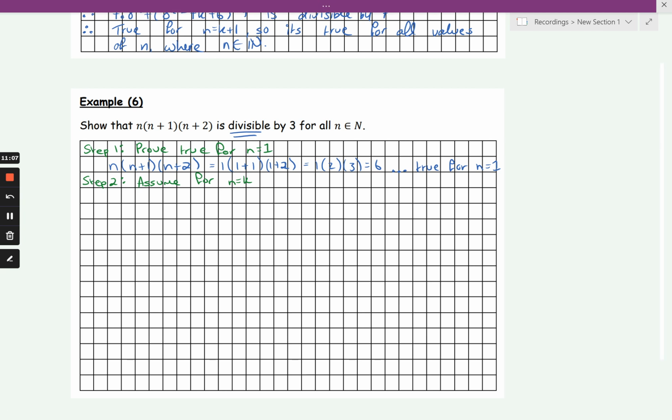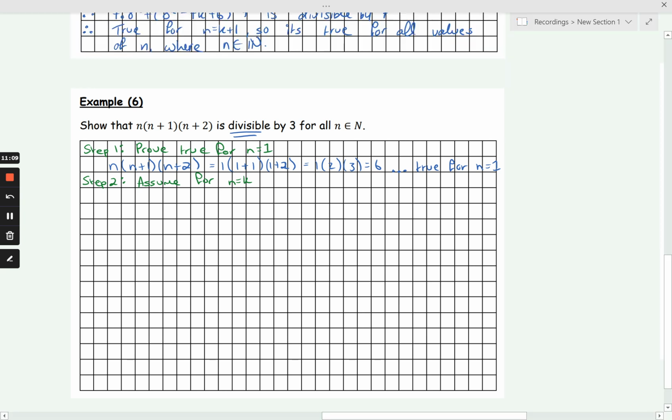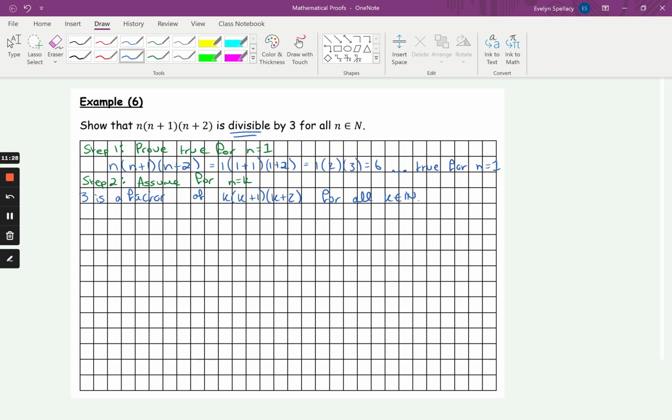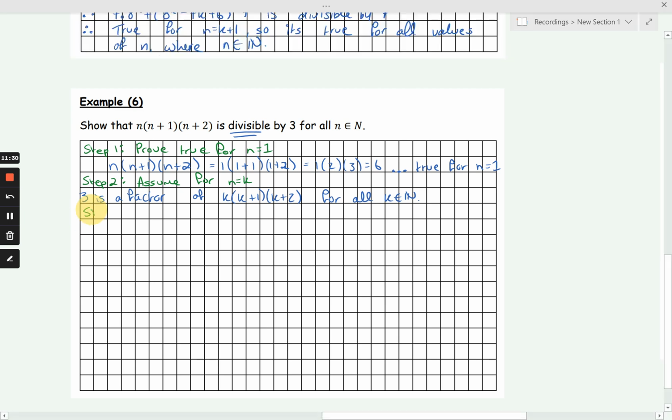So again now I'm going to take the same sentence that 3 is a factor of, and instead of n I'm using the letter k. k by k plus 1 by k plus 2 for all k is an element of N. And last one guys, step 3, we're going to prove true for n is equal to k plus 1.